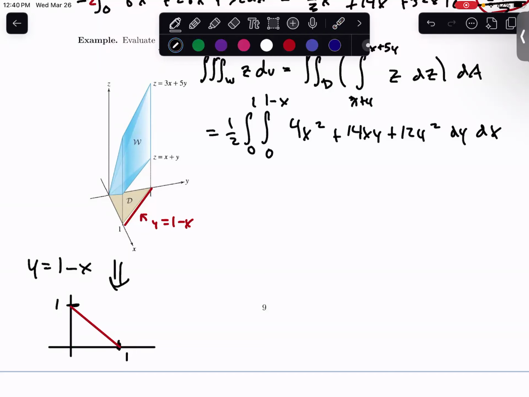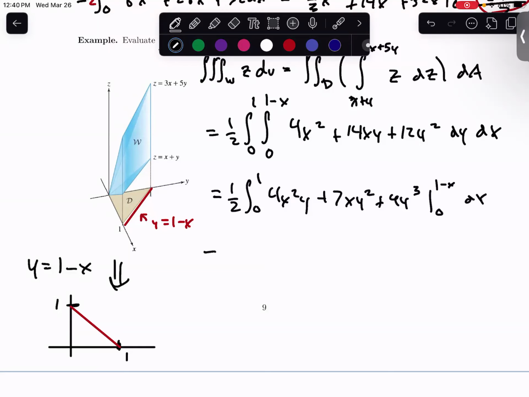Okay, and so now you compute this integral as we did before, right? So nothing really changes all that much, aside from what we're eventually going to be plugging into the antiderivative. So this is going to be 4x squared y plus 7xy squared plus 4y cubed, from 0 to 1 minus x, dx.